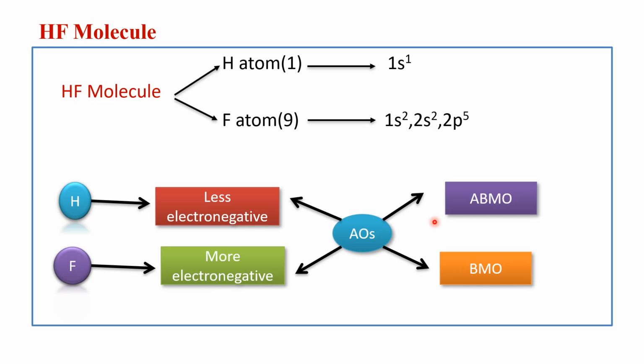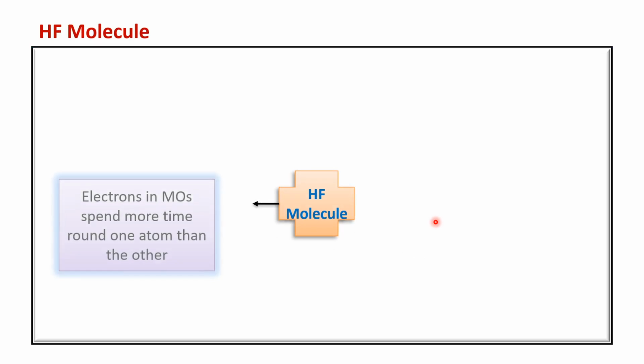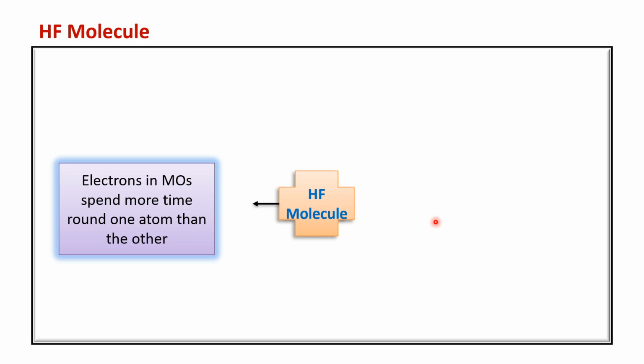So what's happened due to this? In case of the HF molecule, the electrons in the MOs, that is the molecular orbitals, spend more time around one atom than the other.